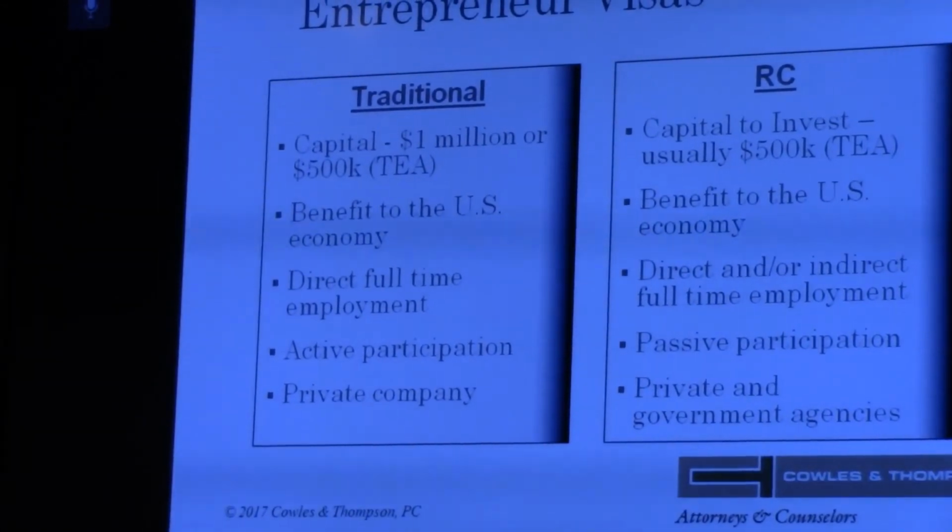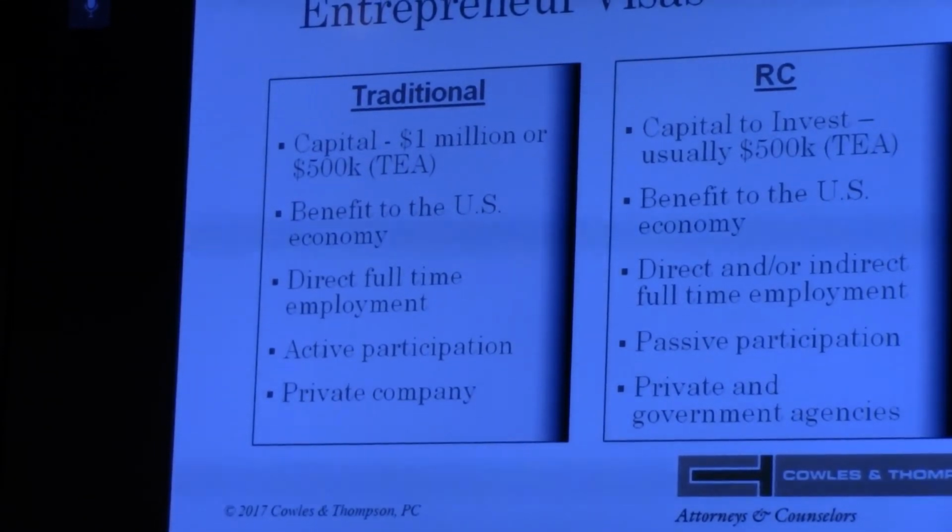Now, the benefit to the United States, both the traditional and the regional center, direct full-time employment, that is what direct is, the company hires the employees. Right. That's the traditional. I have to show I hired 10 employees within 2 years that are U.S. citizens or permanent residents. For the regional center, however, because these are large projects, usually what these regional centers do is they put a project together and they bring several investors to invest.